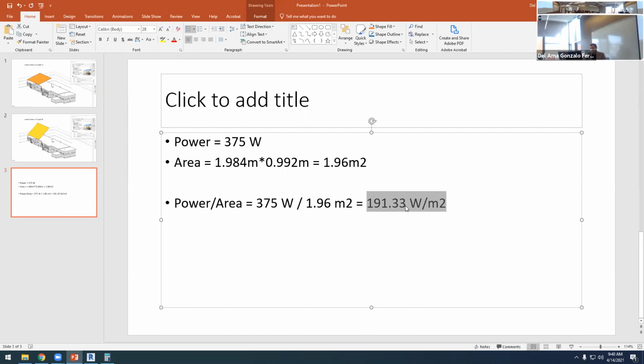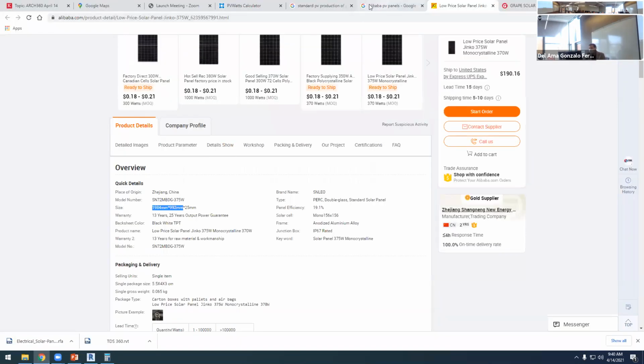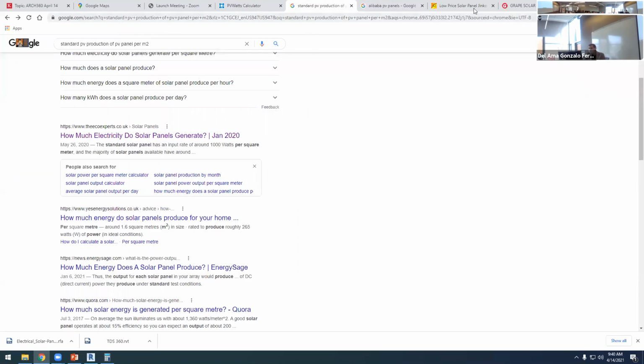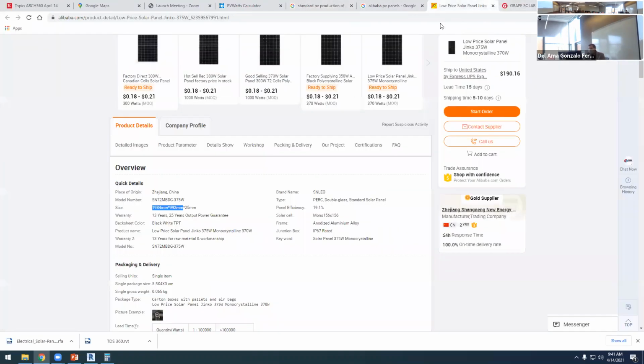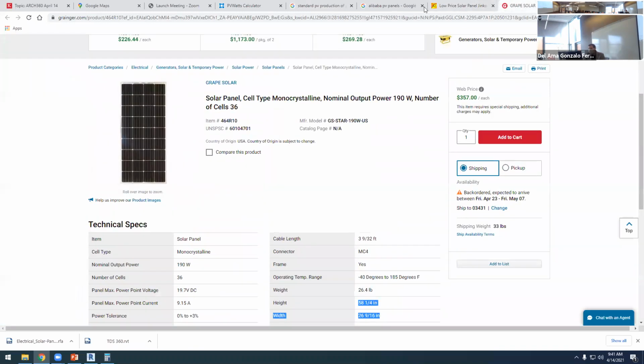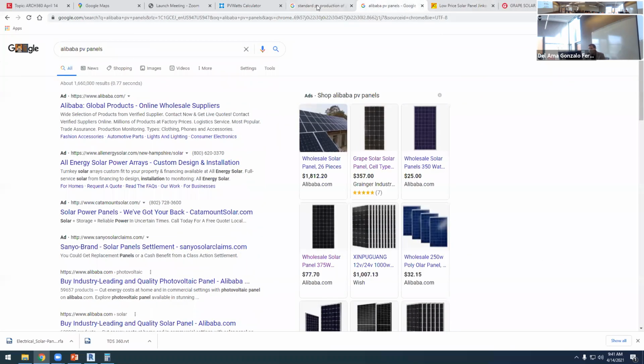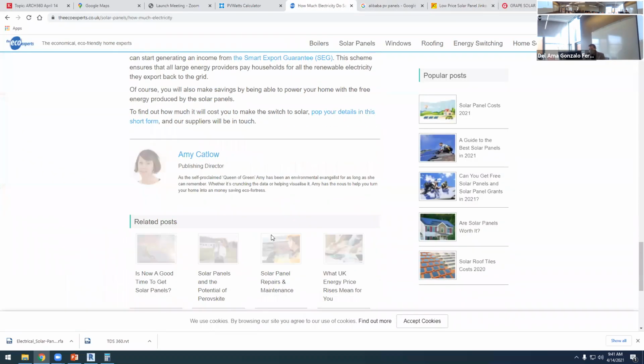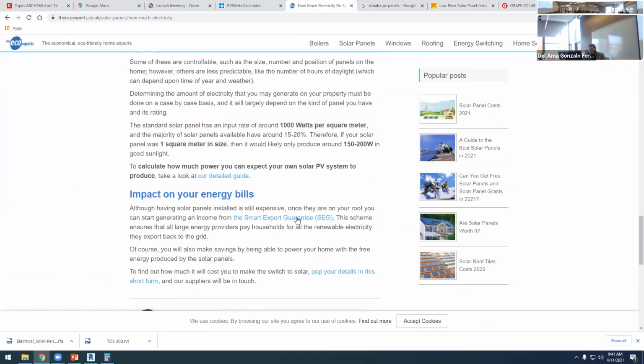You won't find this value here. You can find some references here on this text, on how much solar energy we generate.